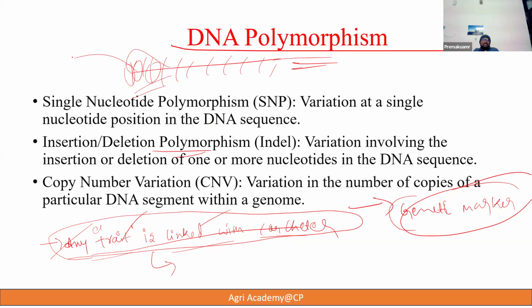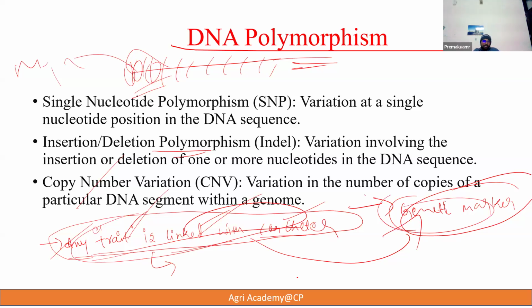Unless it is used as a marker, how can I say any trait is linked with a character? How can you bring this thing into a definition of genetic marker? Closely linked, also. Unless I use it as a marker, how will it become a marker?